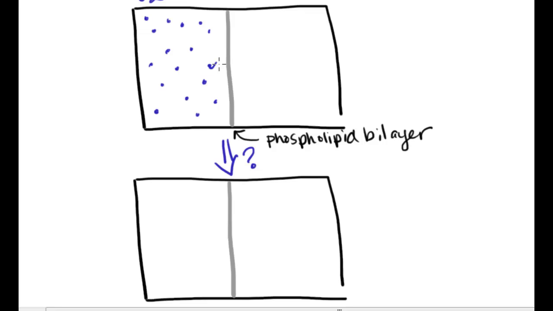Since O2 can diffuse across the phospholipid bilayer because it's a small nonpolar molecule, when I come back, these O2 molecules are going to be spread evenly on both sides, just like the case when the membrane wasn't here. And because there's nothing helping these O2 molecules diffuse across the membrane, this is known as simple diffusion.